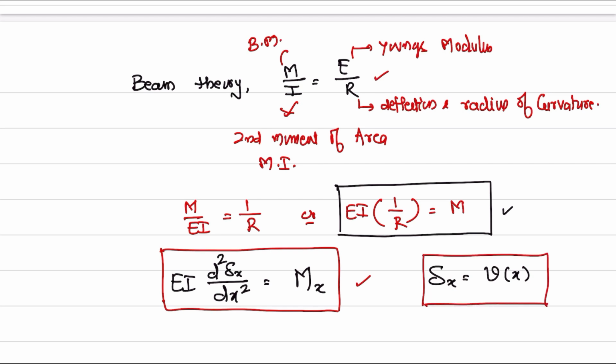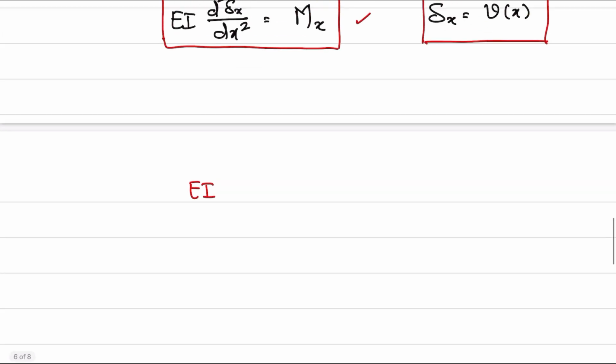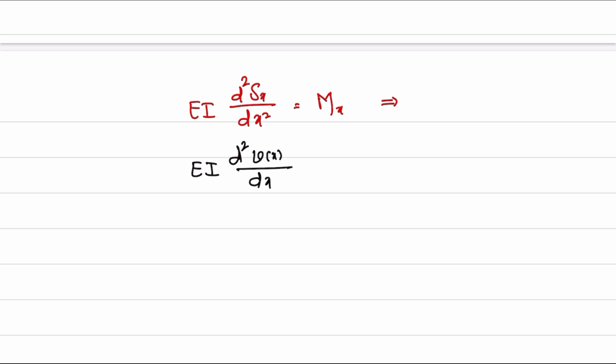That means in the examination if it is given EI into d square delta x by dx square is equal to Mx, that can also be written as EI into d square Vx by dx square is equal to Mx.